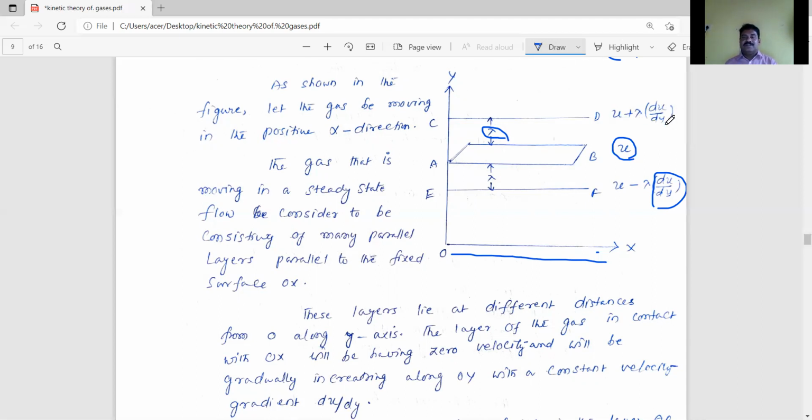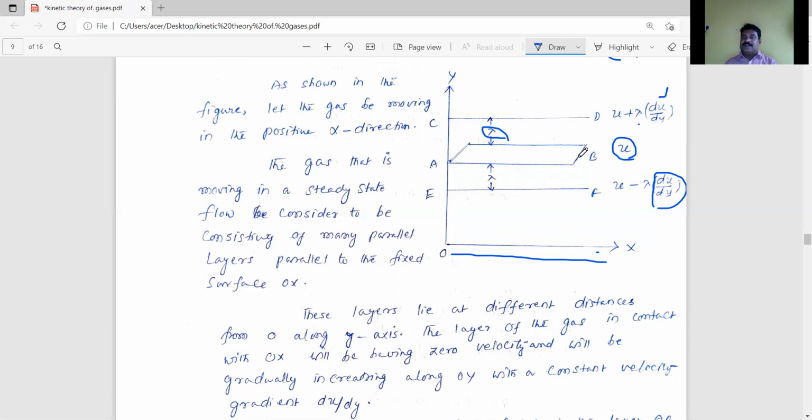Why? Because the velocity is increasing from the OX axis with a velocity gradient du by dy, and this layer is at a distance of mean free path from the AB layer. That is why lambda into du by dy plus, now what is the velocity of the AB layer? u.